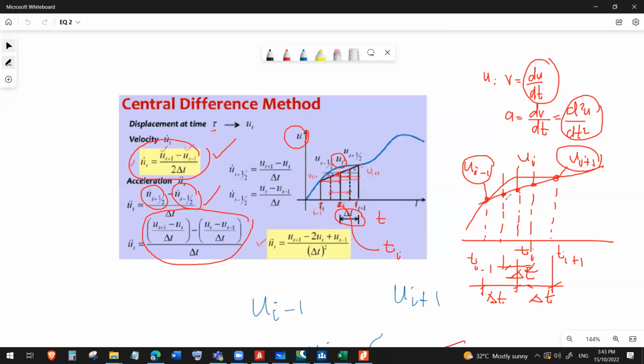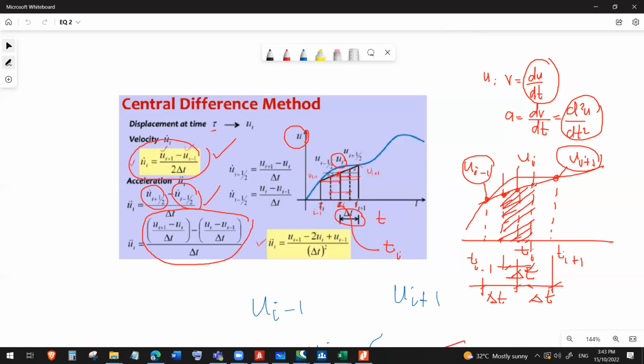So, ito yung na-cover niya, na area. Okay? So, u sub i plus 1 minus u sub i over delta t. Pwede bang baguhin yung kulay nito?